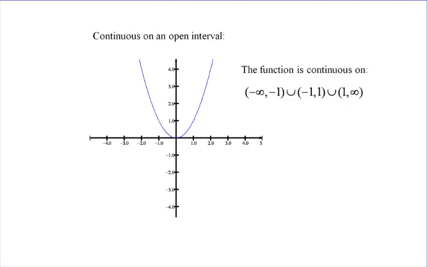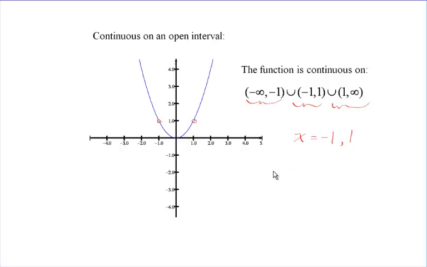This function is continuous over 3 separate open intervals. The only values on the real number line where this function is not continuous are x equals -1 and x equals 1. We have a hole in the graph. The output of the function does not exist there.